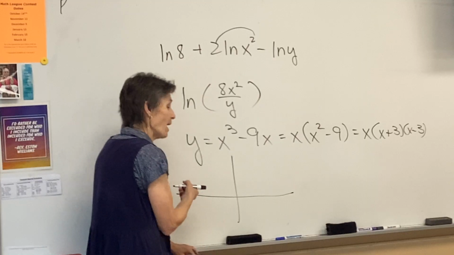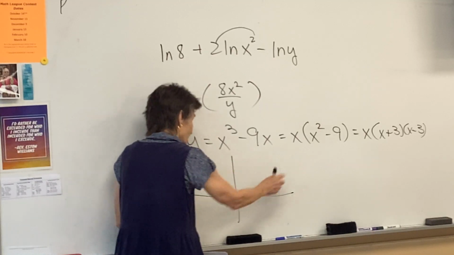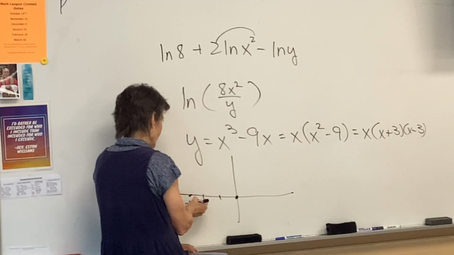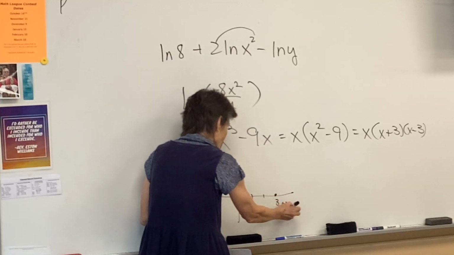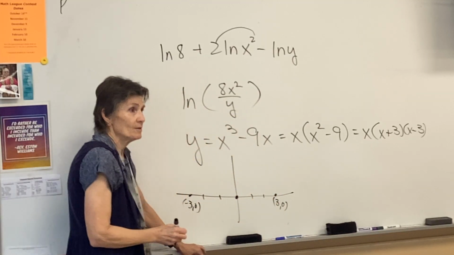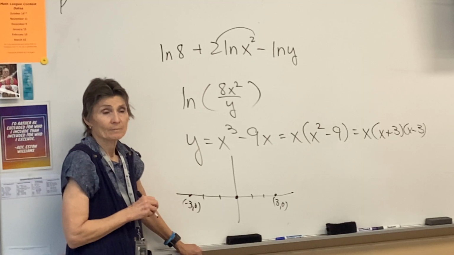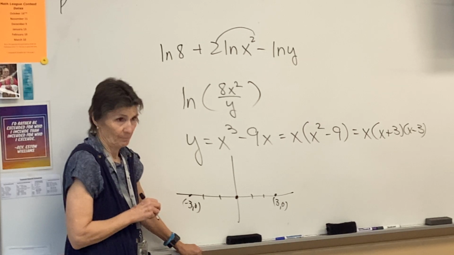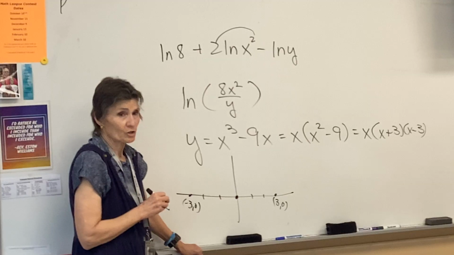So I go to my graph, and what do I put on my graph? 0. That's that one. So you're negative 3 and 3. These are my x-intercepts. These are my zeros. These are my dots that go on the x-axis. Now it's an x cubed. Where do I start my graph?